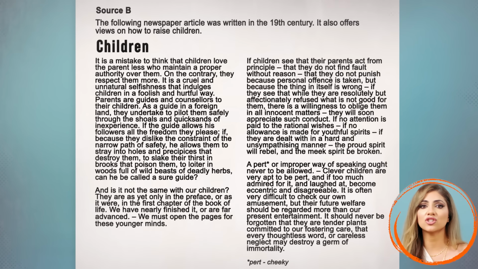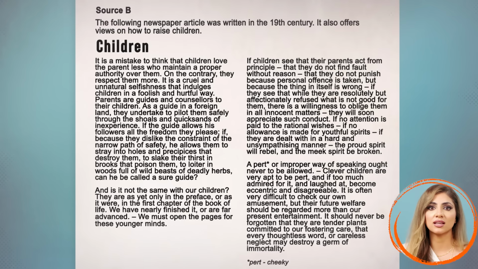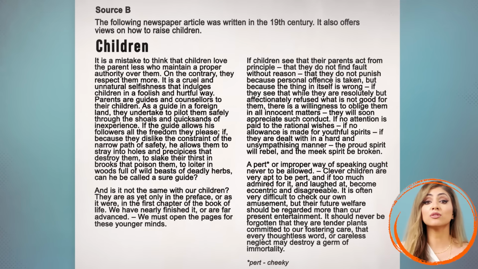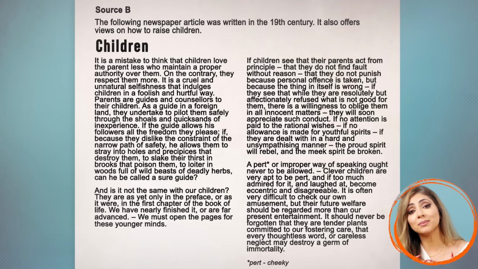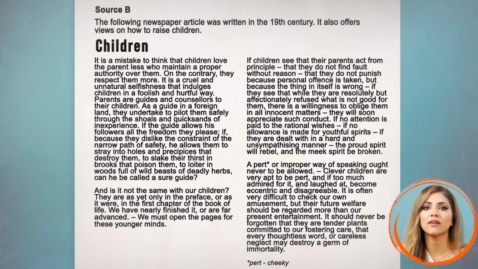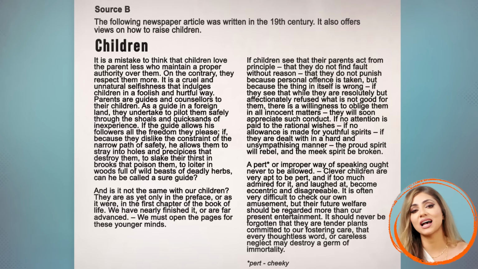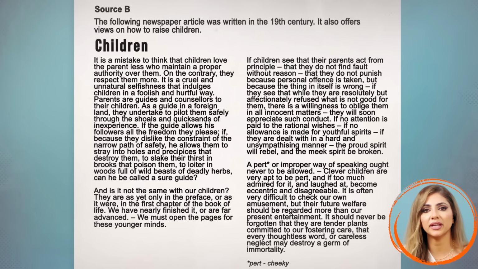If no attention is paid to the rational wishes, if no allowance is made for youthful spirits, if they are dealt with in a hard and unsympathizing manner, the proud spirit will rebel and the meek spirit be broken. A pert or improper way of speaking ought never to be allowed. Clever children are very apt to be pert, and if too much admired for it and laughed at, become eccentric and disagreeable.